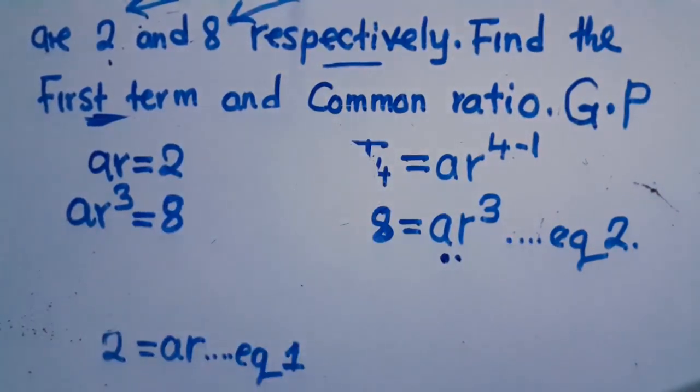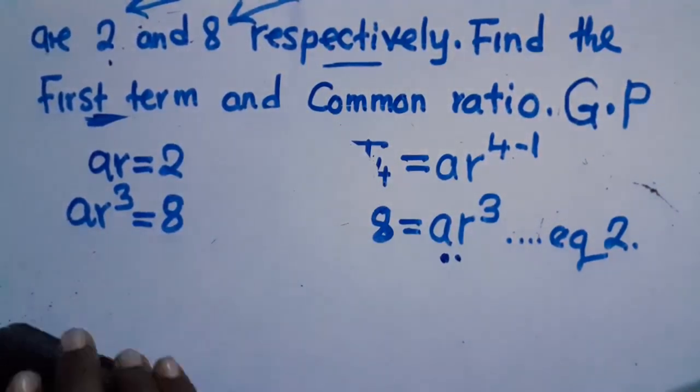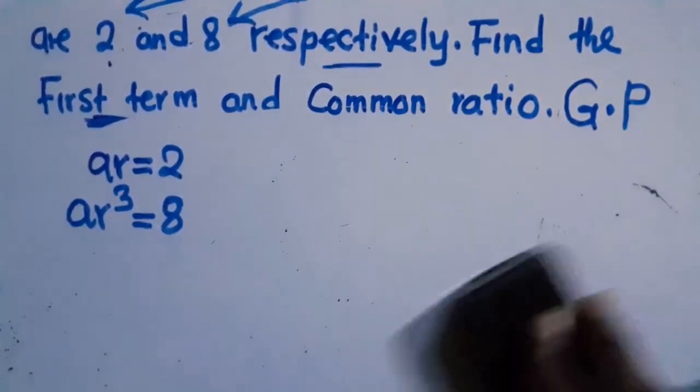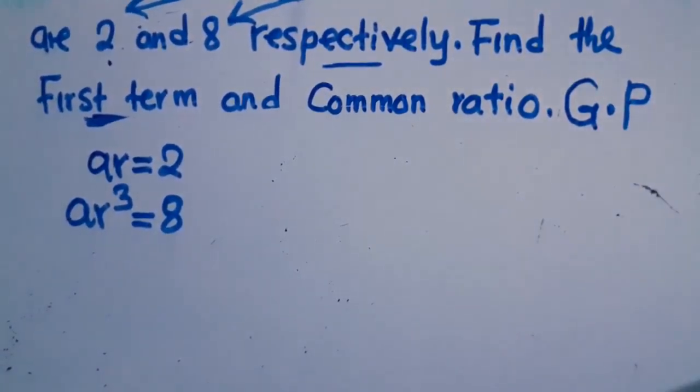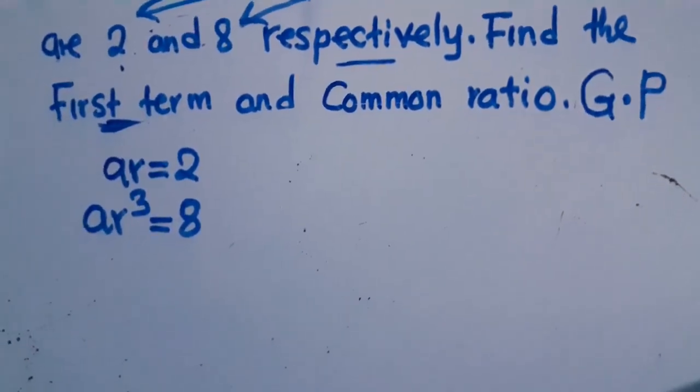These are the two simultaneous equations that I have. I need to solve them. I'm going to use the substitution method. You can use any method that you are comfortable with.